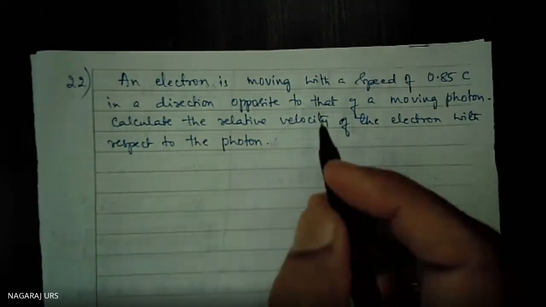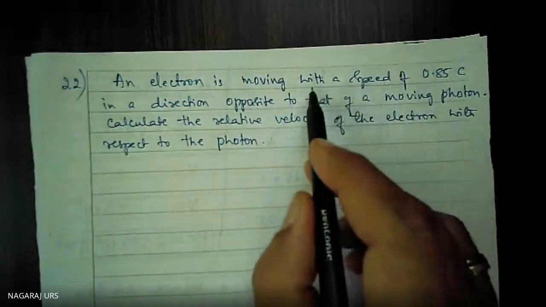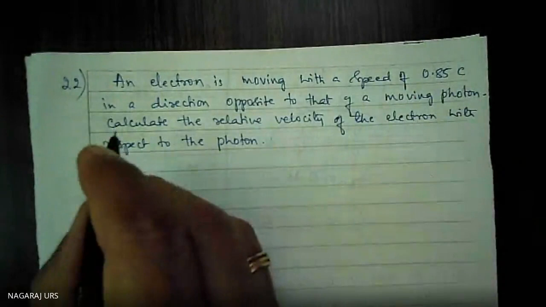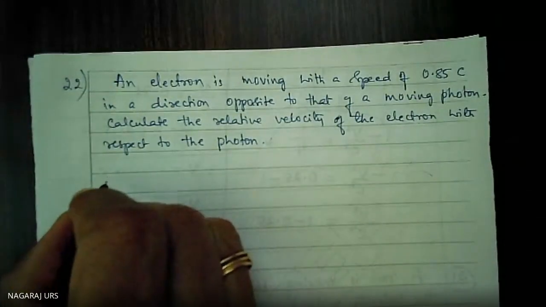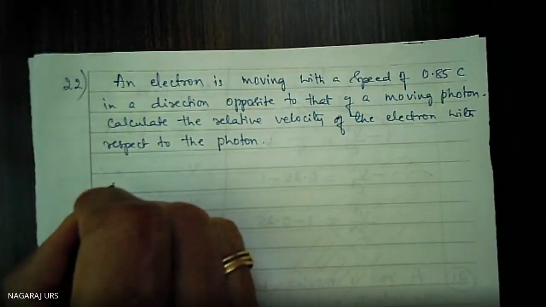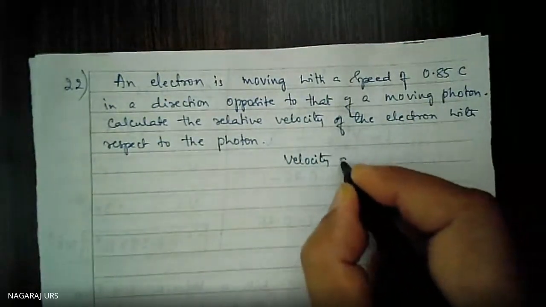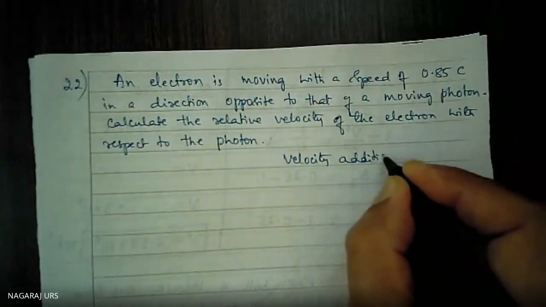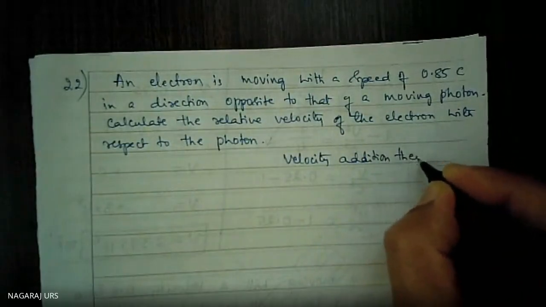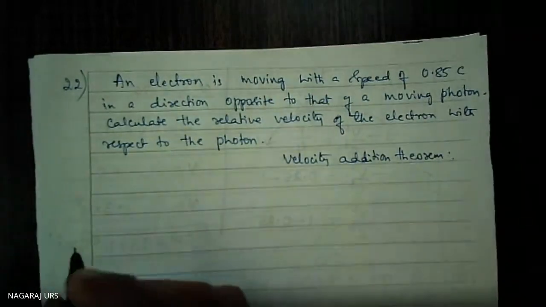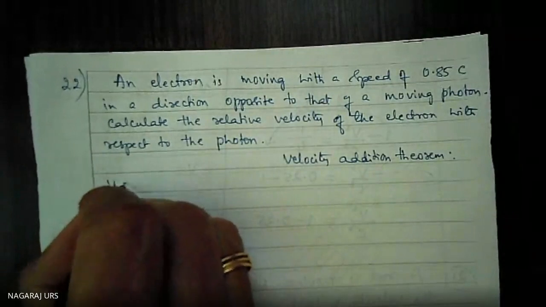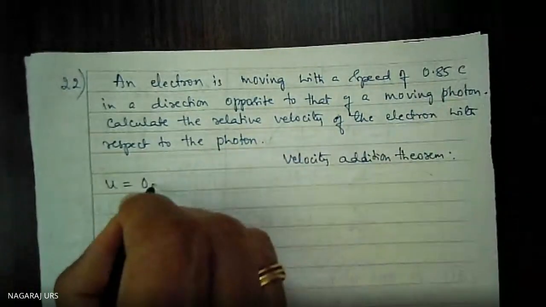Yes, an electron is moving with a speed of, means the relative velocity addition theorem is there now. We are supposed to use the velocity addition theorem. u is equal to how much? 0.85 c.